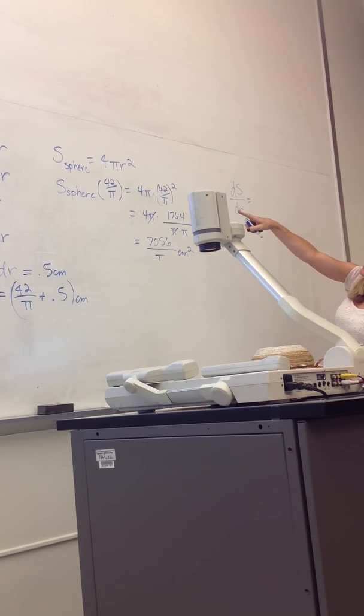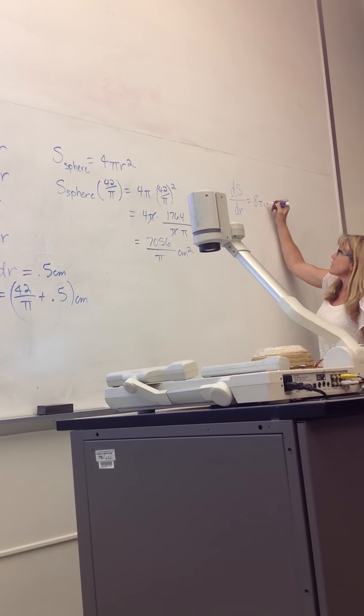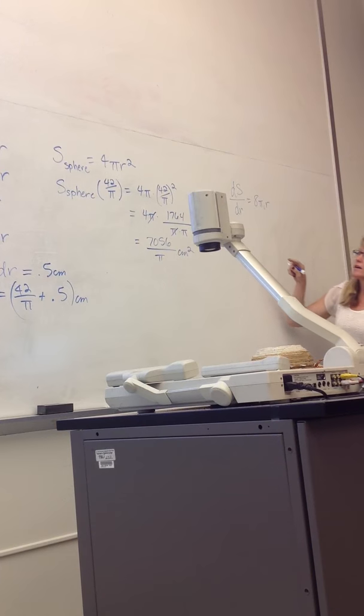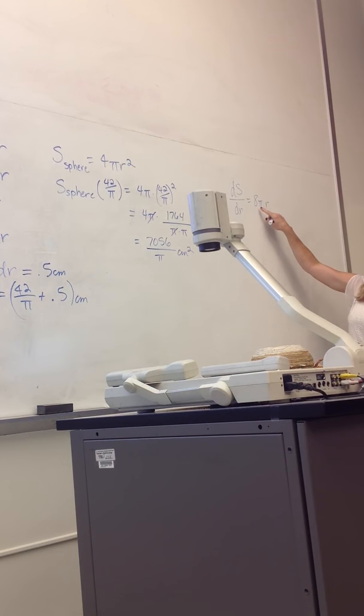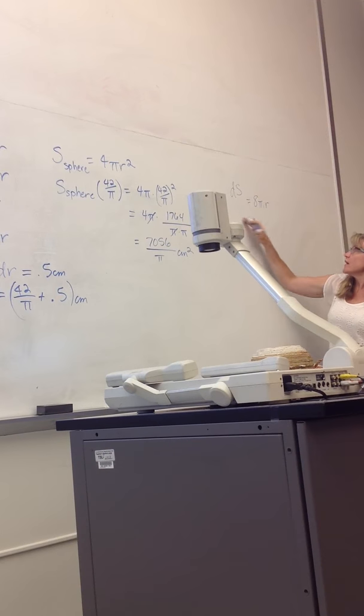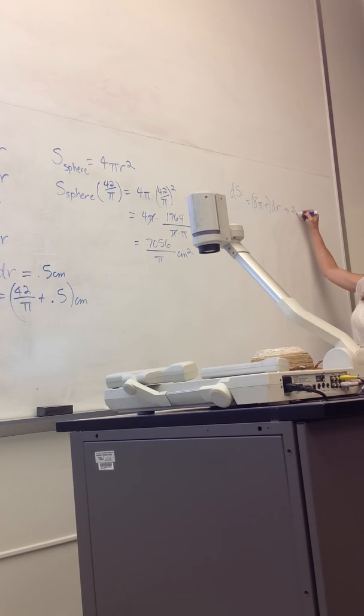My formula is the surface area formula. So I get 8 pi times r. Is everybody following where I'm getting 8 pi times r? I took the derivative of the surface area, and 4 and pi were just coefficients, and I just need to do power rule. So then my differential is that times dr. That's the differential.